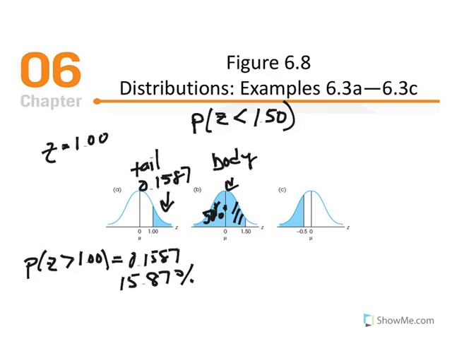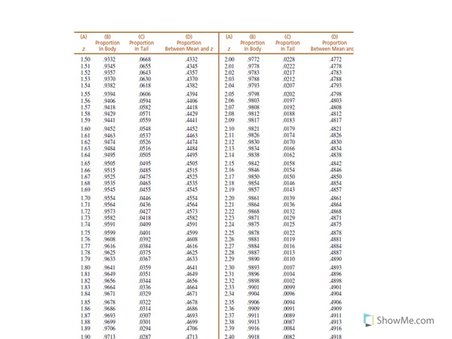So now we can use our unit normal table to answer this probability statement. So here's that section of the unit normal table that's of interest to us. We enter column A, and we're looking for a z-score of 1.5, and there it is. And the area of interest was the body in this case because we shaded half of the distribution plus some. So this is the proportion of interest, 0.9332.